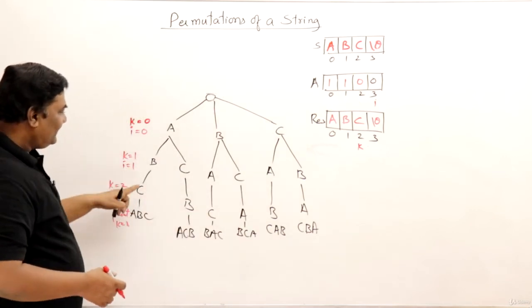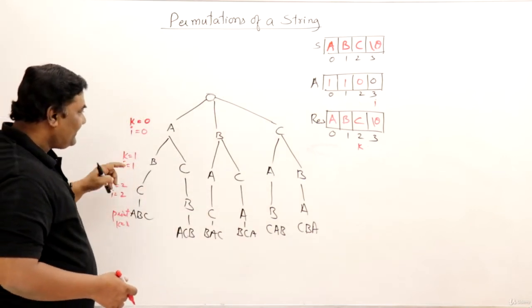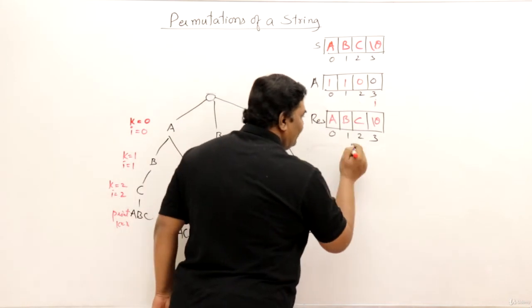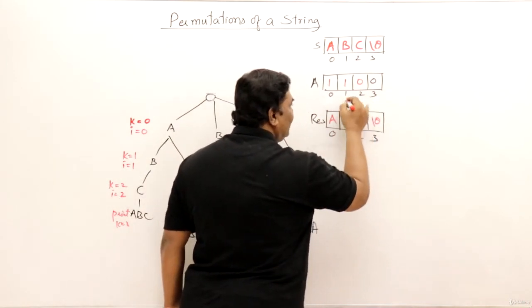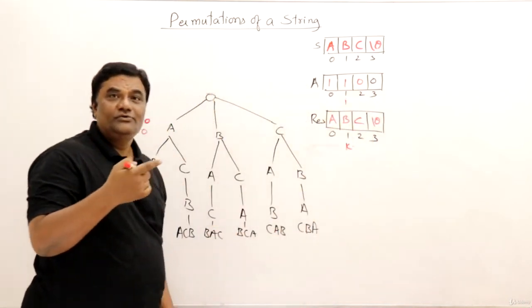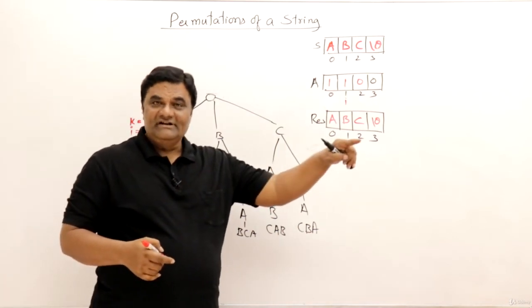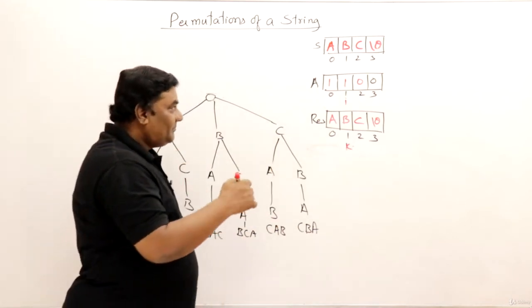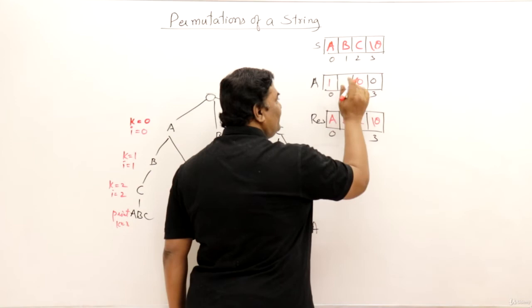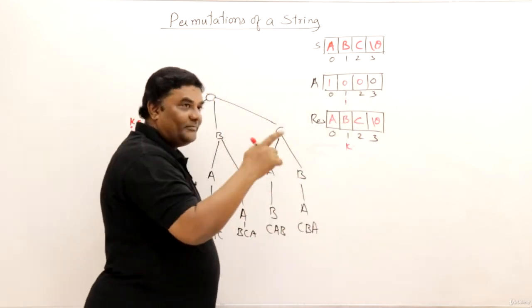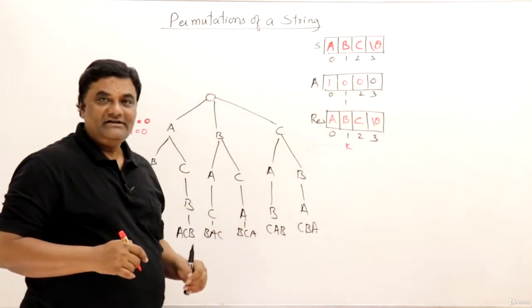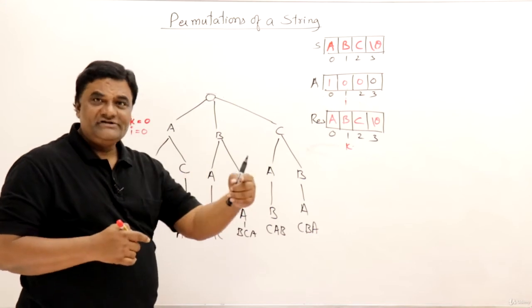So in the previous call, where K was and where I was, K was at 1, I was also at 1. So what you were doing here, scanning through the string. So continue scanning. But before that, make this as 0 and proceed. So when you go back, make that as 0, right? Then continue scanning.